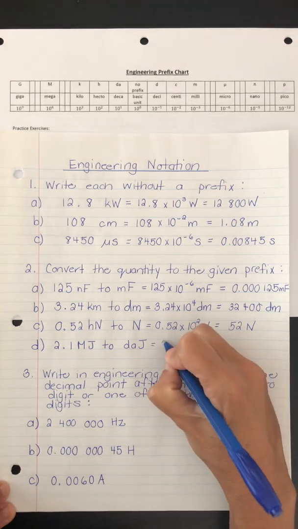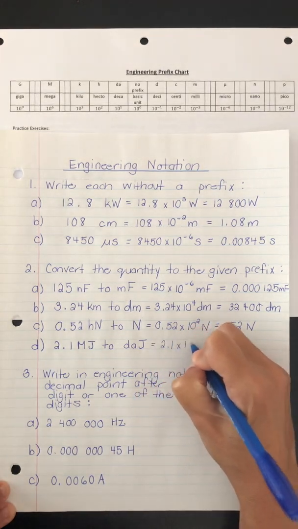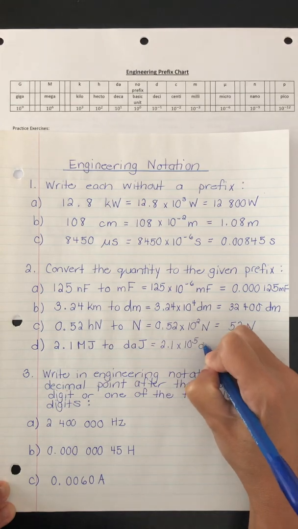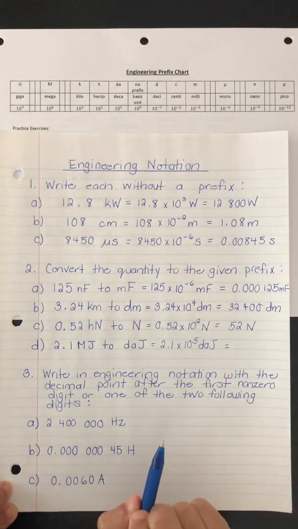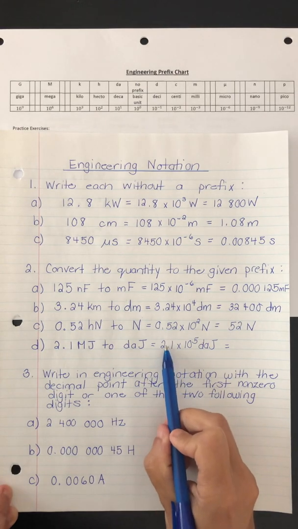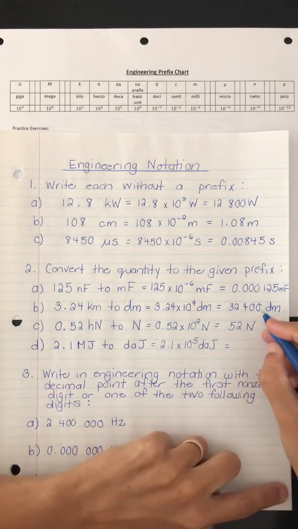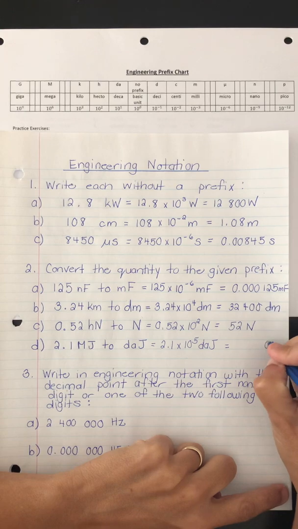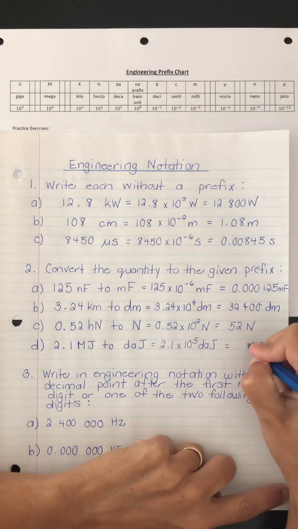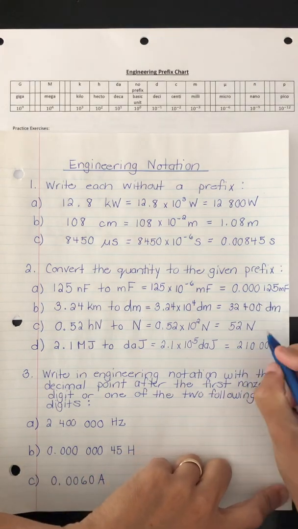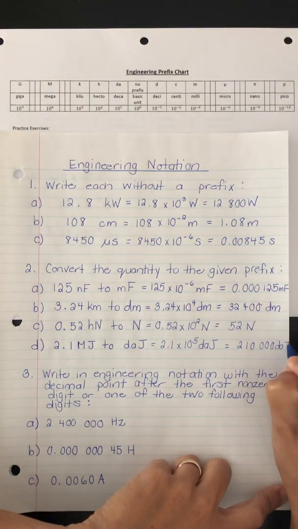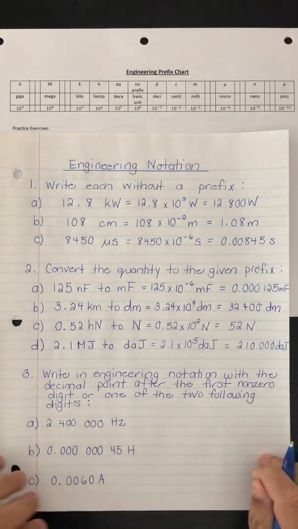So we have 2.1 times 10 to the 5 deca joules, or now we move the decimal 5 to the right. So this means we'll have 4 zeros in front of the 1 and the 2. So we get 210,000 deca joules, like that.